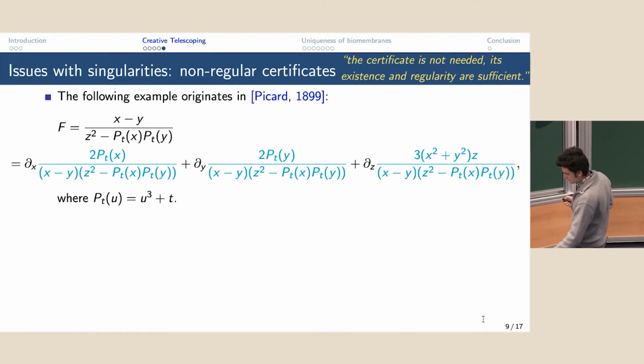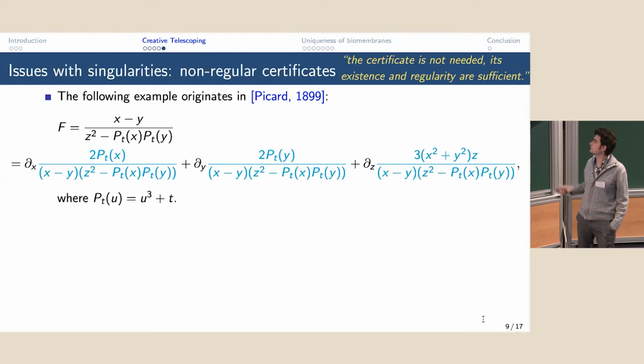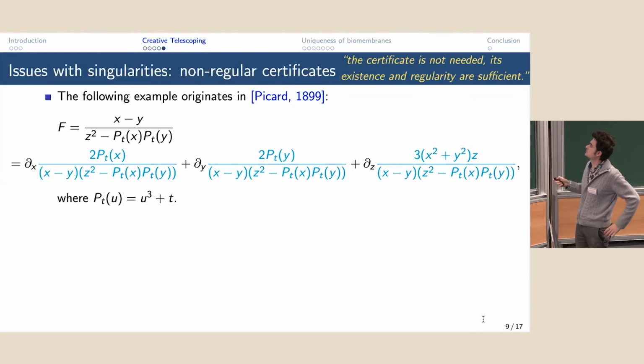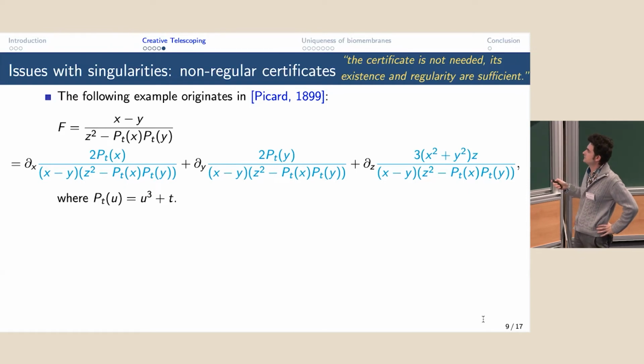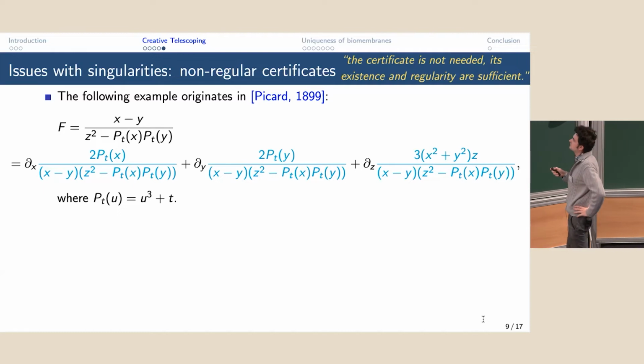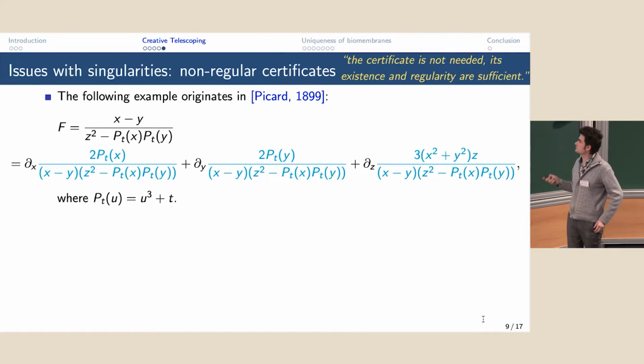This example already originates from Picard, which I mentioned before. This can happen if one is not careful with these tools, namely if one has a function f, say this one, and we want to integrate it dx, dy, dz. What actually holds in this case is that we can rewrite it as a sum of three derivatives in this explicit case.